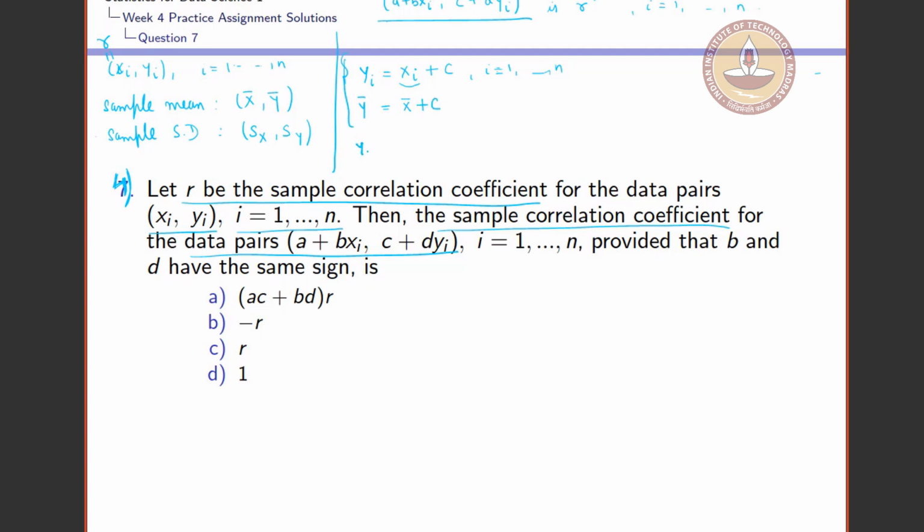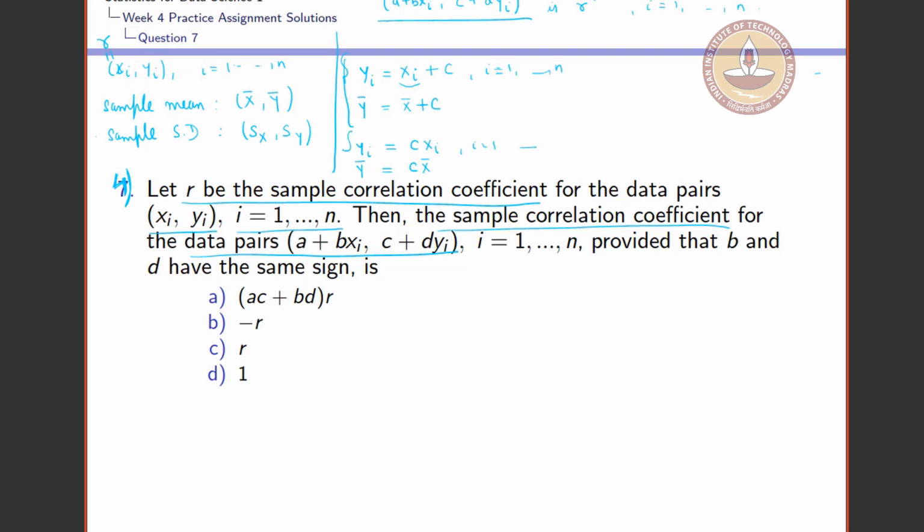Also, if you multiply a constant c into xi, where i is varying from 1 to n, then the sample mean will be y bar is equal to c into x bar, where x bar is the mean for xi.